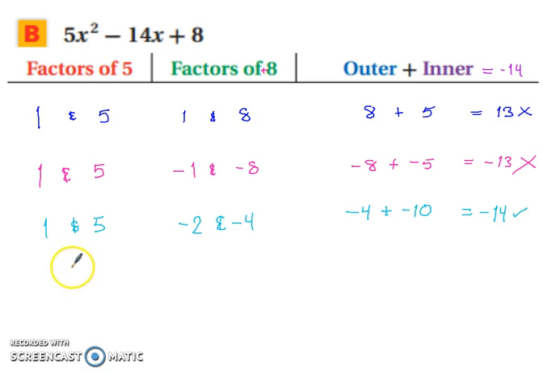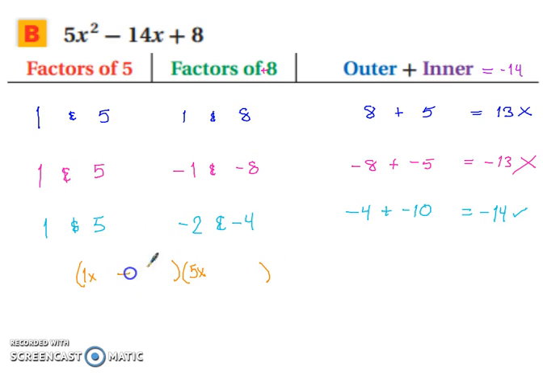Last step, we must place these into our binomial. So our factors of 5, they went with our x squared, so they're going to make up our first set of terms in each binomial. So we're going to have 1x and 5x, and then our factors of 8 are going to make up the second term.